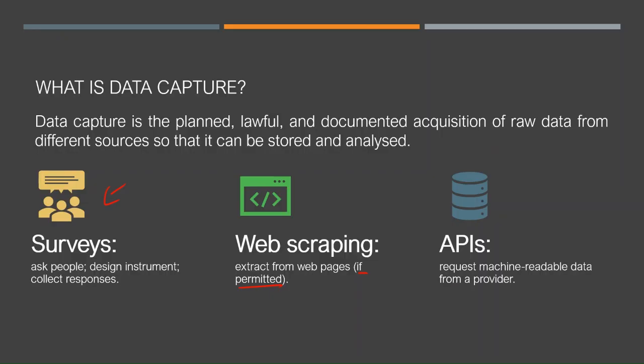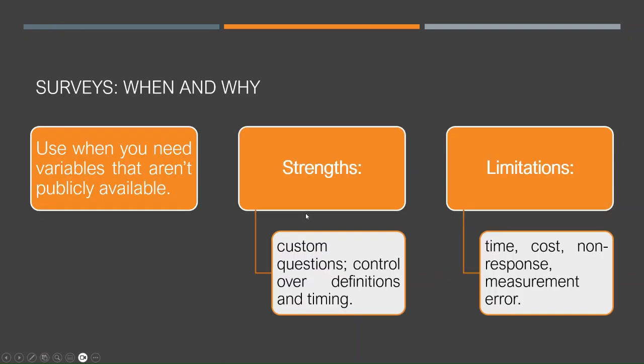There is the aspect of API where you can, for example, use data available from World Bank to scrape data through an API. You can also use web scraping to scrape a price list from a website, for example. So what are the differences between all these? We'll get into that in a few minutes.